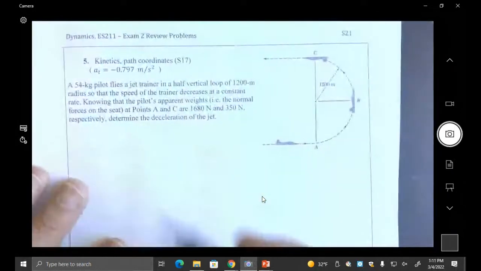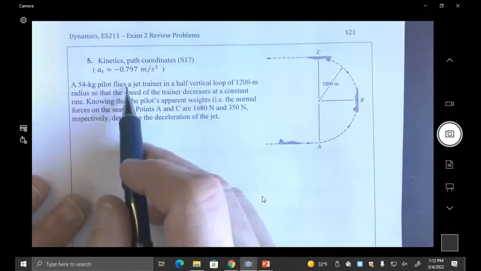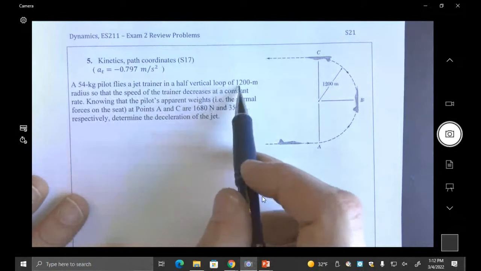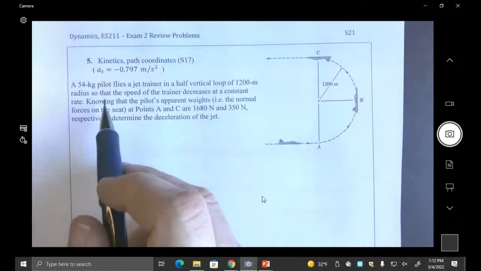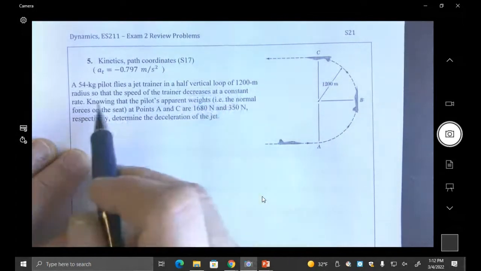All right. So a 54 kilogram pilot flies a jet trainer in a half vertical loop of 1,200 meters radius, so that the speed of the trainer decreases at a constant rate.